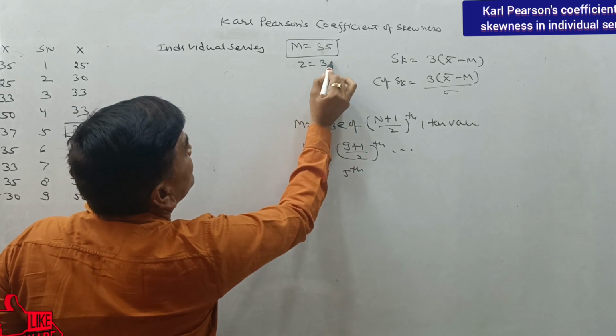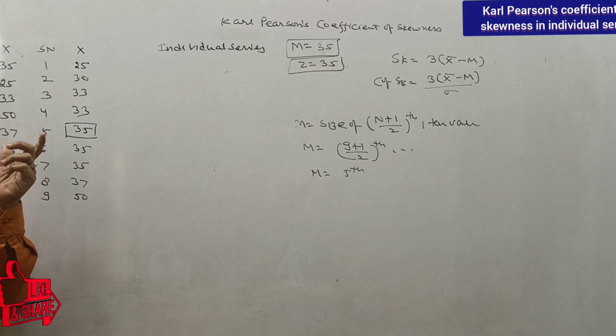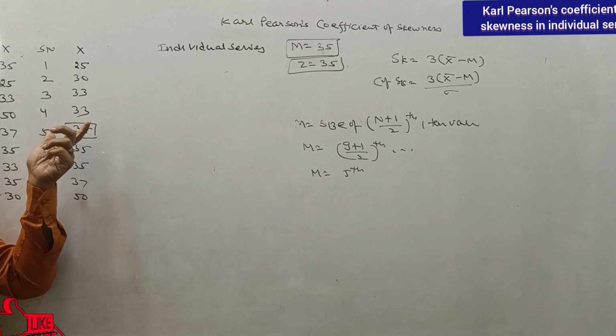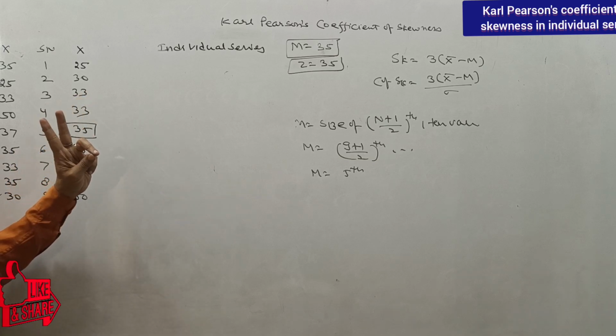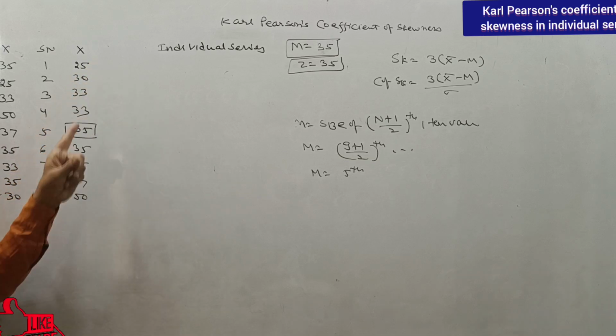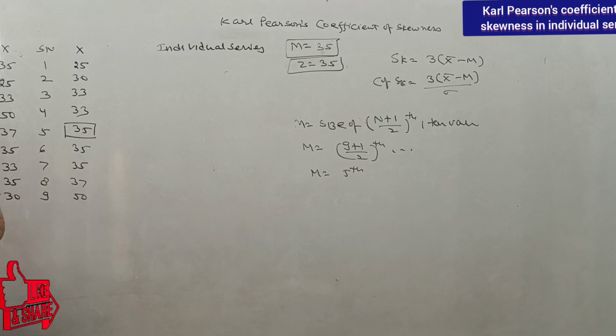If we calculate the mode, because in this series the frequency is repeating: 35 has 3 frequency, 33 has 2 frequency, and 25, 30, 37 and 50 each have one.